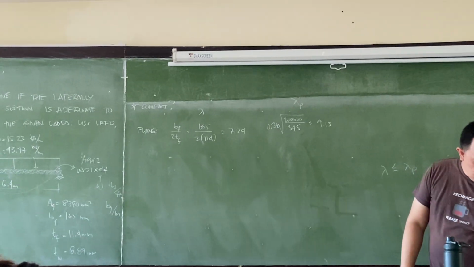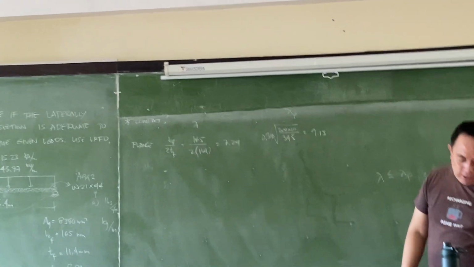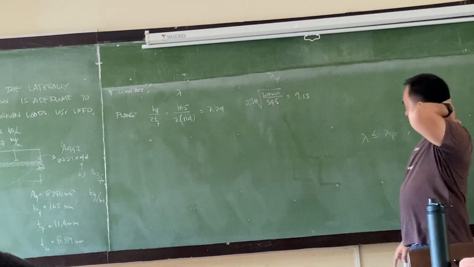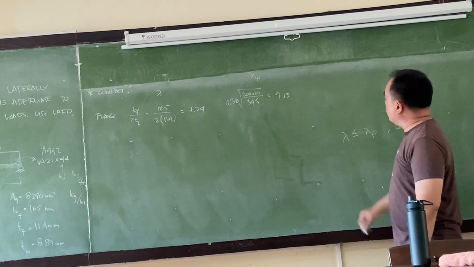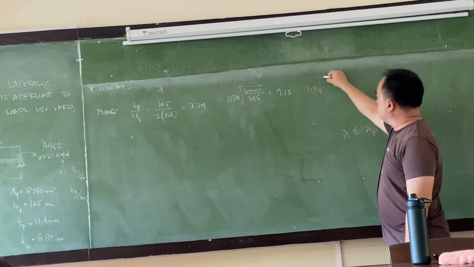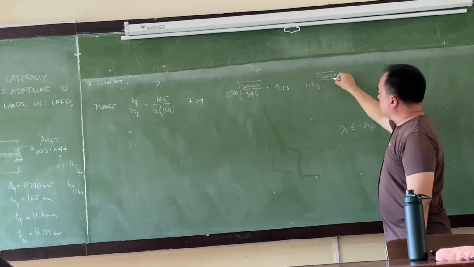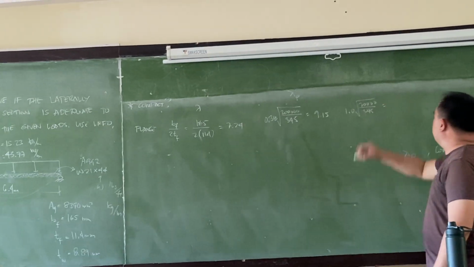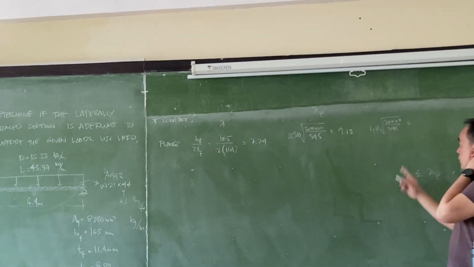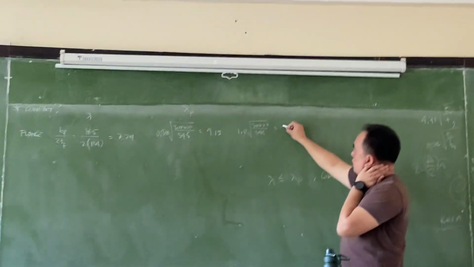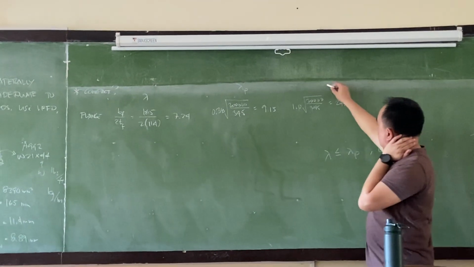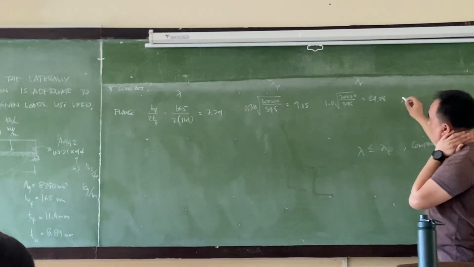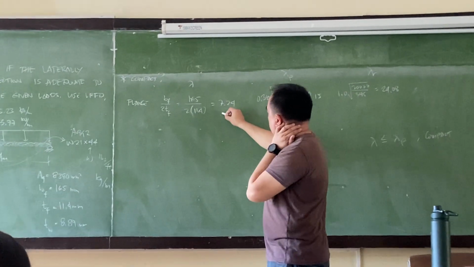What's the limit for lambda r? 1.0 times the square root of E over Fy, which is 24.08. It's obvious it's compact here. Therefore the flange is compact.